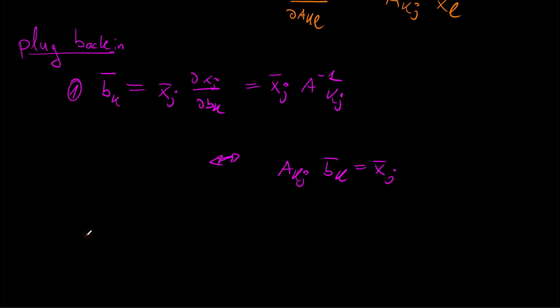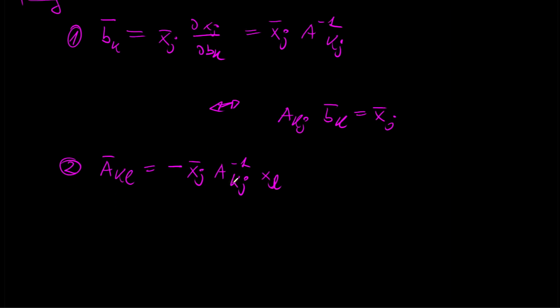So let's leave that for a second and go back to the second point and have the cotangent index kl of the matrix A is minus x_j cotangent times A inverse kj times x_l. And here we will see now we have the contraction over j, and thereby we go back to a rank 2 tensor, a matrix.